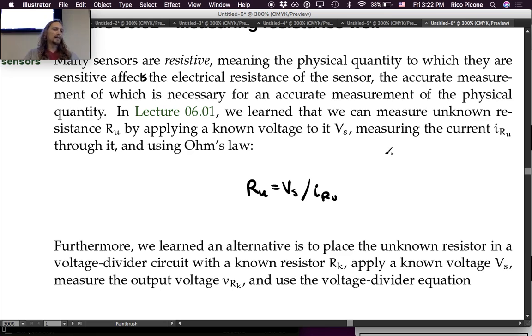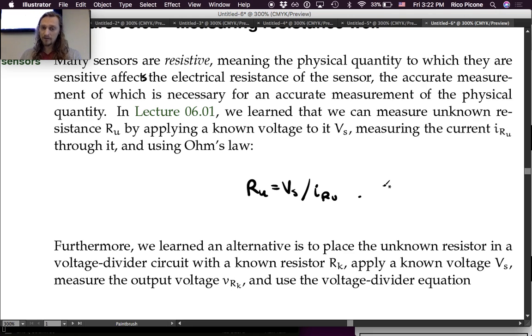So Ohm's law pretty much just directly applied there, and we can measure the resistance that way. That's great. So if you measure the voltage, you measure the current, maybe using like a Hall effect sensor or something, you could back out the resistance.